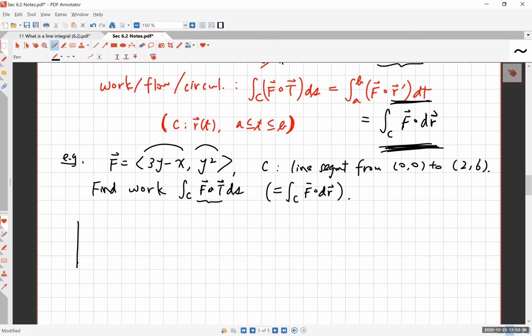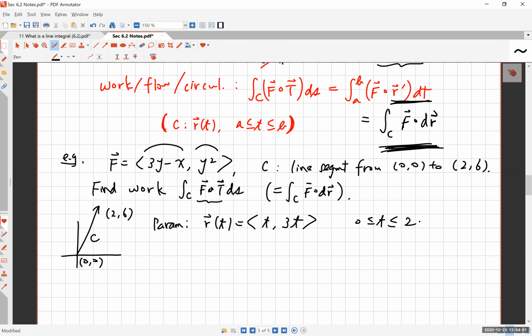So the curve goes from (0, 0) to (2, 6). It's like this. I am just drawing a very rough sketch. This is my C, right? How do you parameterize this? Let's parameterize r as (t, 3t) because the slope is 3, and of course t should go from 0 to 2, right?